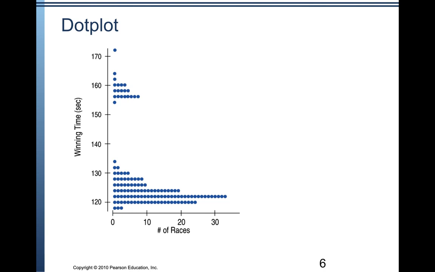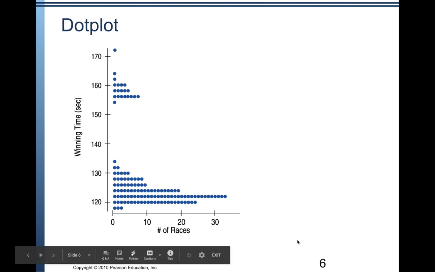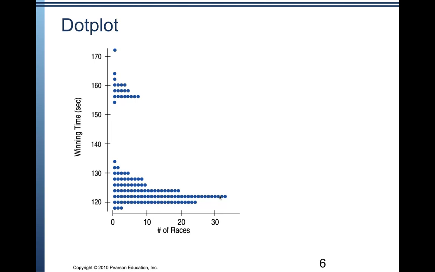So a dot plot simply shows, for example, that all of these dots represent data items that have the same value. Whereas this particular dot right here, there's only one value, one of those values in that set, so on and so forth.